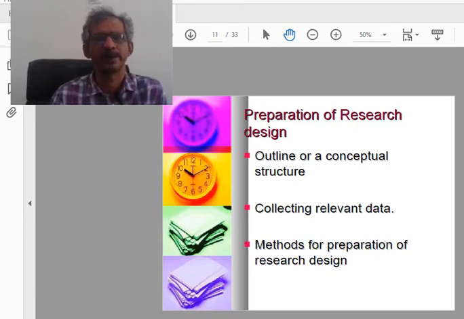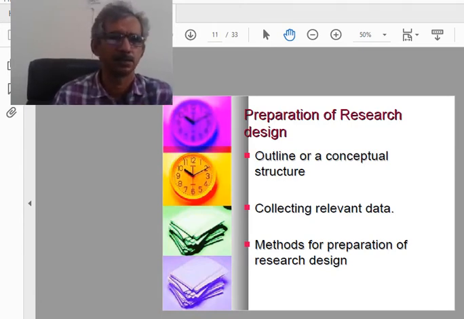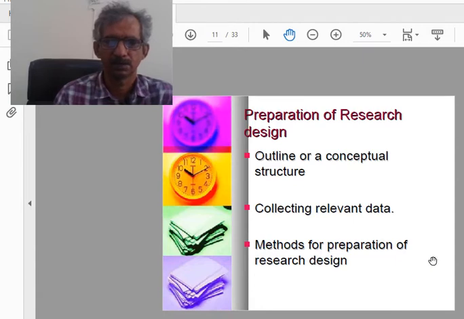Then the important thing in the research process is the preparation of the research design. It's the outline or a conceptual structure of your research, that is, what steps will be involved in your research, collecting the relevant data, and methods for preparation of research design.